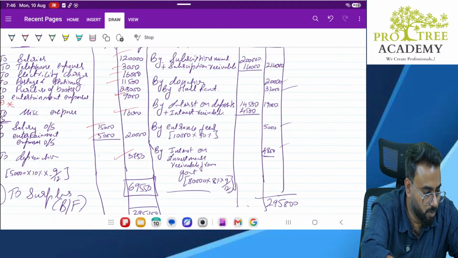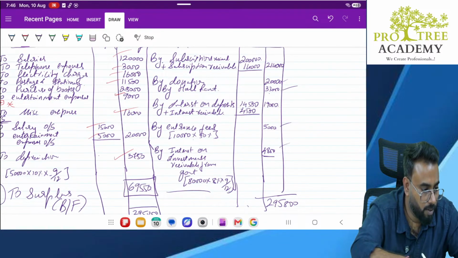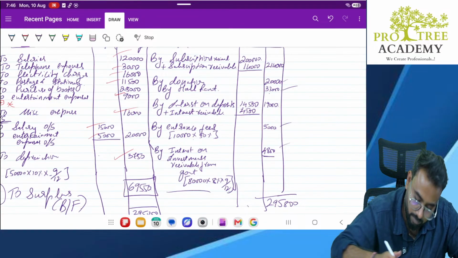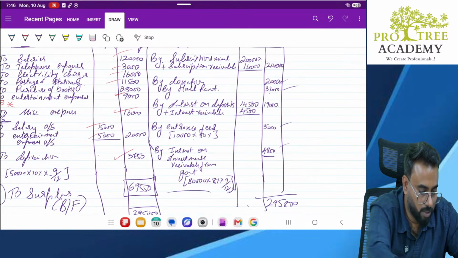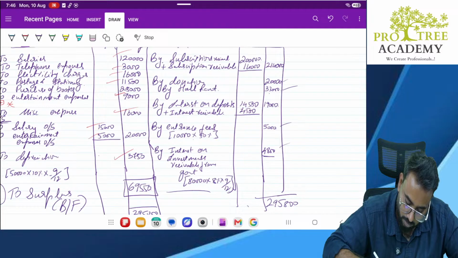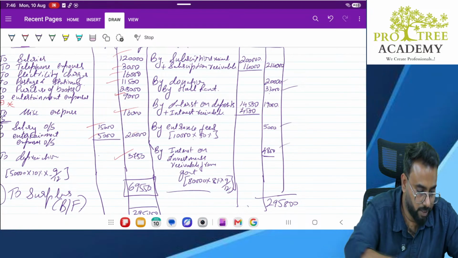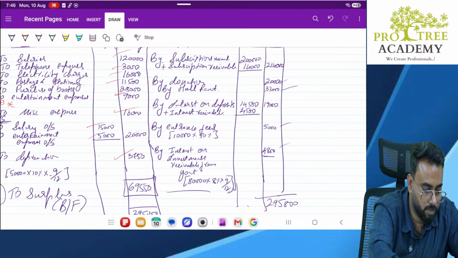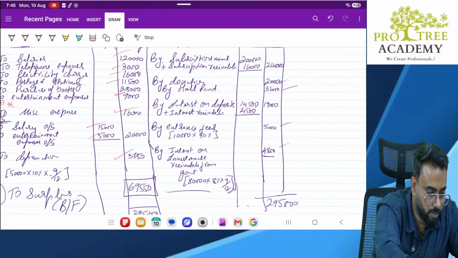Have we made any mistake in the total calculation? Let me check again. 1 lakh 20,000. Any totaling error? Please check. 11,500. 25,000. 9,000. 16,000. 20,000. 3,750.